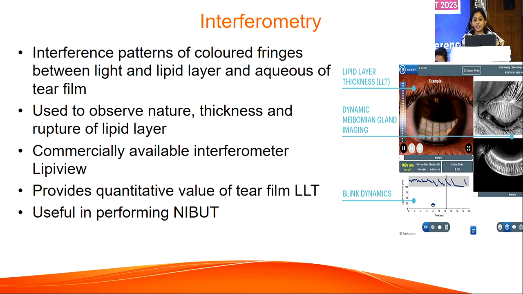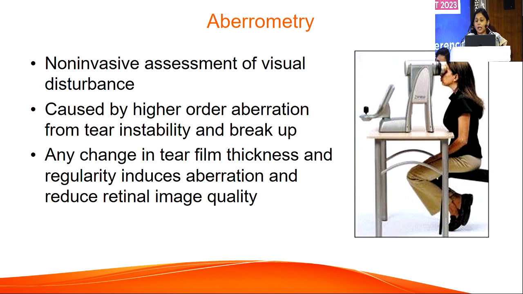Interferometry, the interference pattern between the colored fringes between the lipid layer and aqueous layer, is used to measure it, and it gives a very good assessment of the lipid layer thickness. A commercially available interferometer is the LipiView, and it is very useful to observe the nature, thickness and rupture of the lipid layer. It can also be used to perform the non-invasive TBUT test.